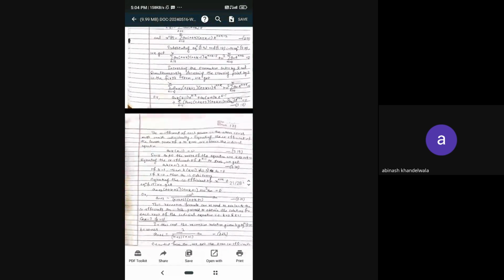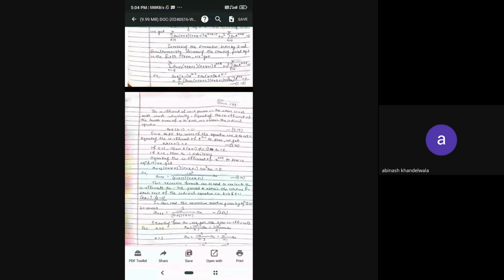Now you can write it as a0 multiplied by k multiplied by (k minus 1) multiplied by t to the power k minus 2, plus a1 multiplied by (k plus 1) multiplied by k multiplied by t to the power k minus 1, plus summation n equals 0 to infinity of [a_(n+2) multiplied by (n plus k plus 2) multiplied by (n plus k plus 1) plus omega square a_n] multiplied by t to the power n plus k is equal to 0, equation 3.18.